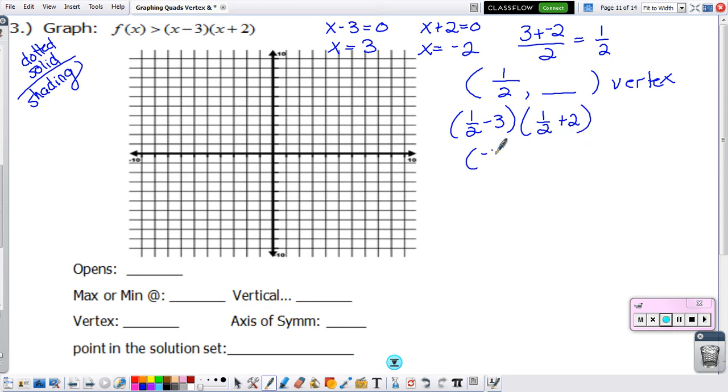That is going to give me -5/2 times 5/2, which is -25/4. If you convert that to a decimal, that's -6.25.